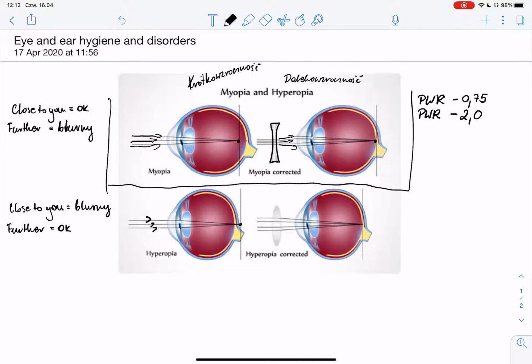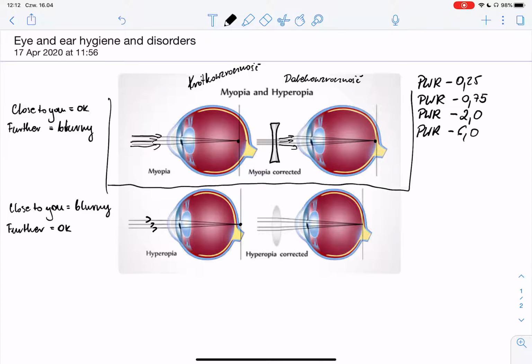So if you have glasses minus 0.25, then it means that your defect of vision is really small. But when you have power minus 6, that means that basically you are not capable of functioning without your glasses.